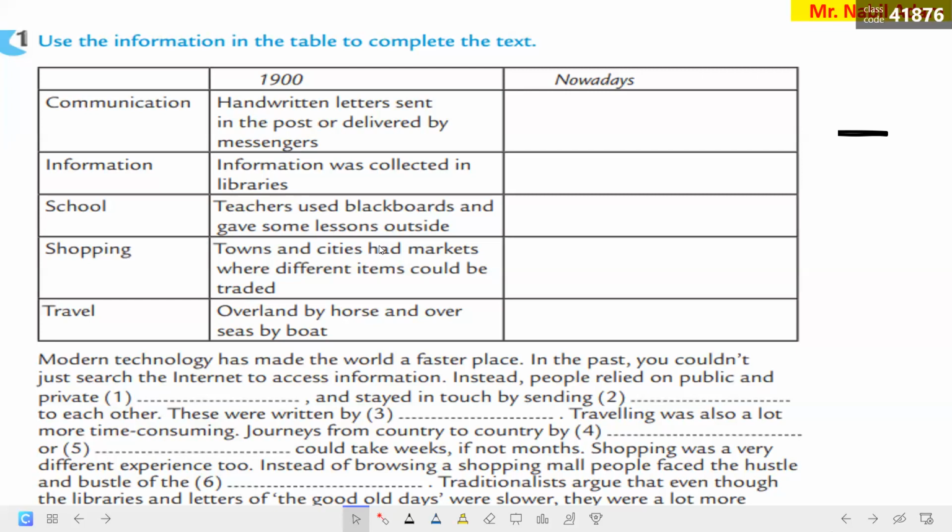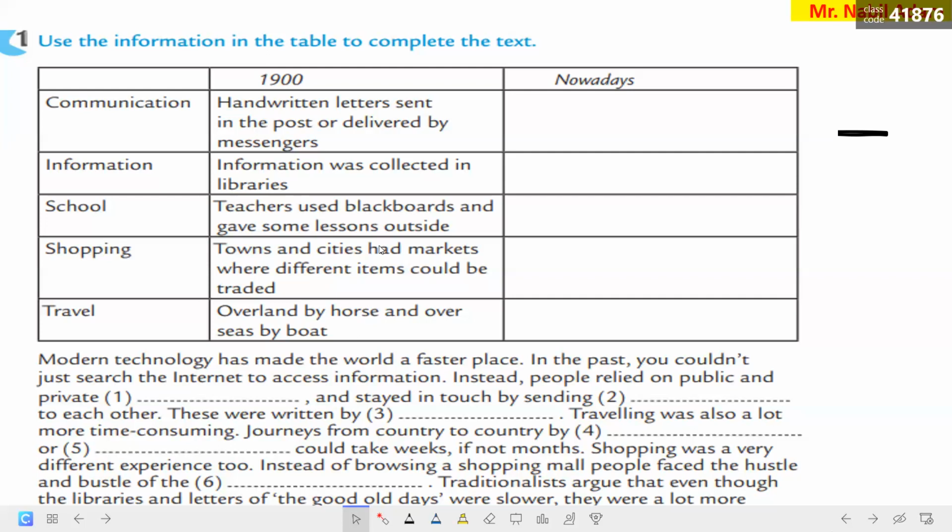Modern technology has made the world a faster place. In the past, you couldn't just search the internet to access information. Instead, people relied on public and private libraries and stayed in touch by sending letters to each other. These were written by hand. Traveling was also a lot more time consuming. Journeys from country to country by horse or boat could take weeks, if not months.